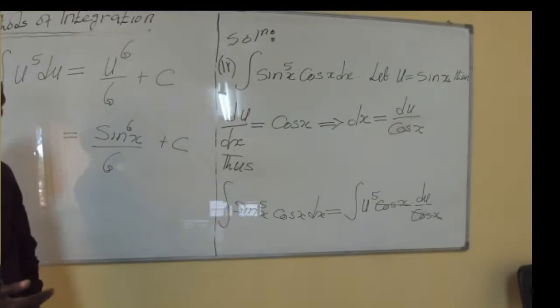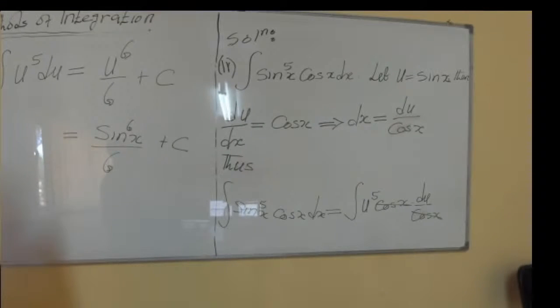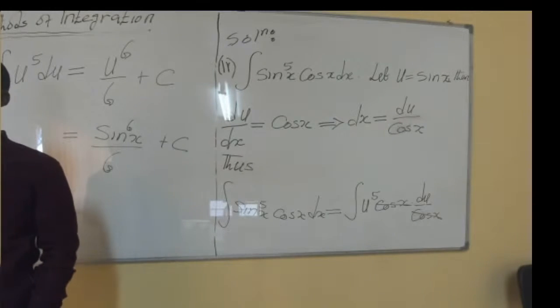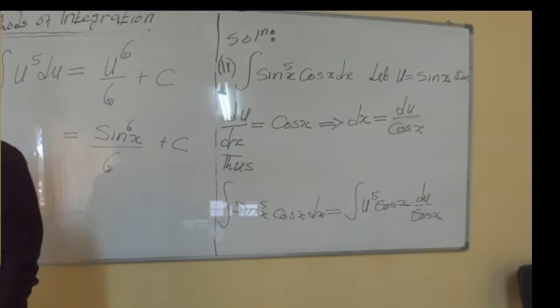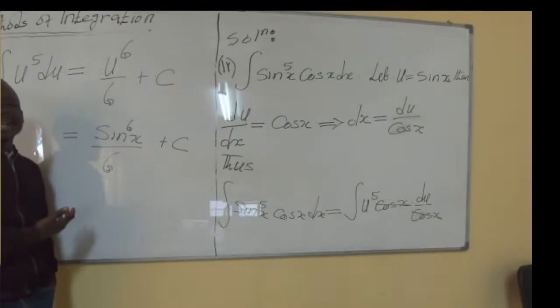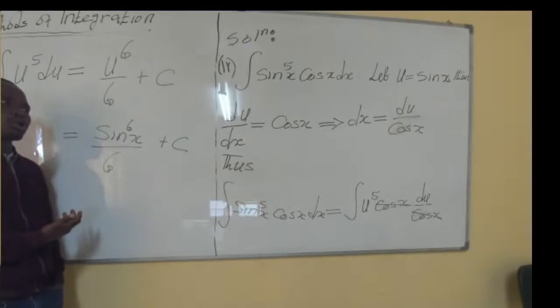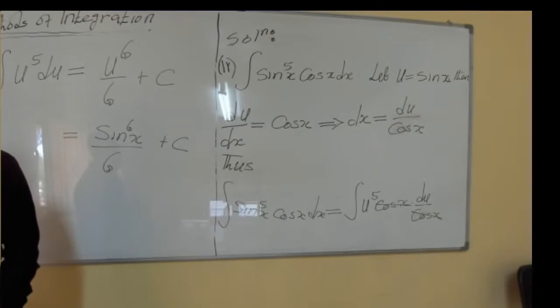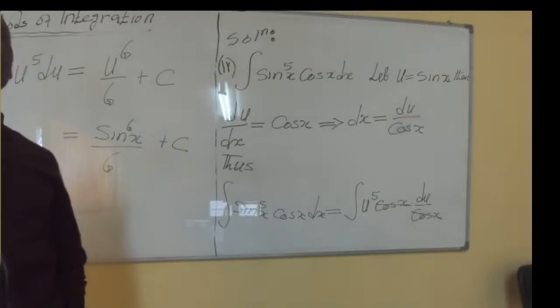So your choice of u is not really unique. What I mean by not being unique is that your choice of u depends on the question. Each question, you can make any choice. There's no unique formula that I can use to choose u. You just need to look at your question and make a choice from there.